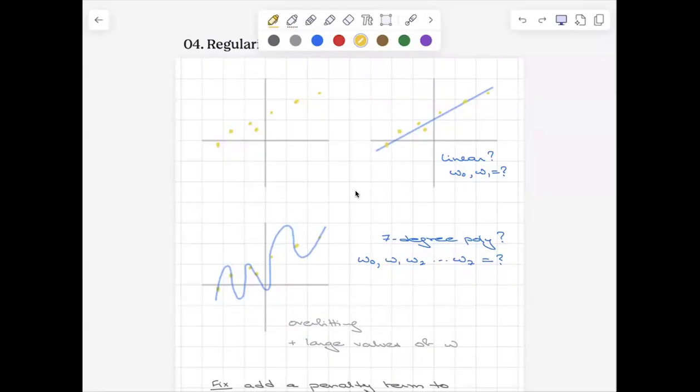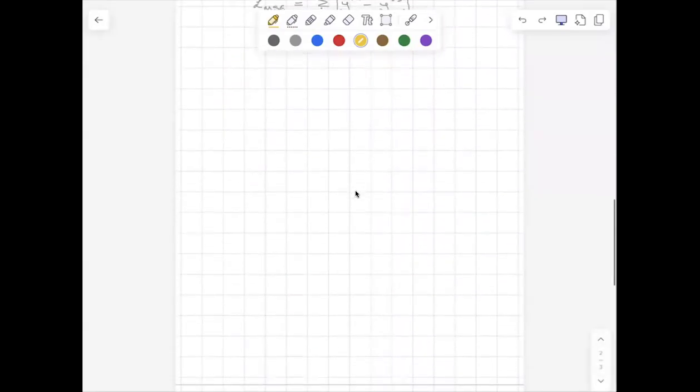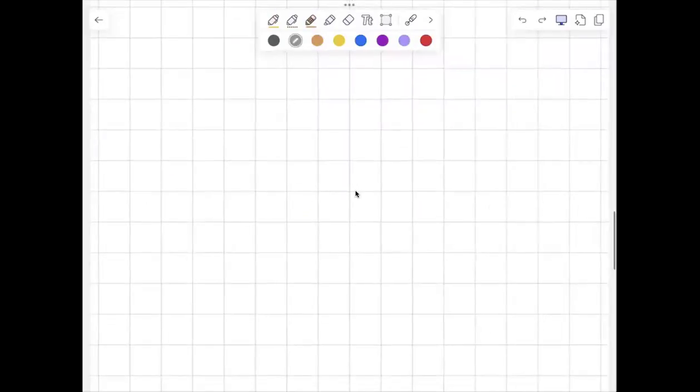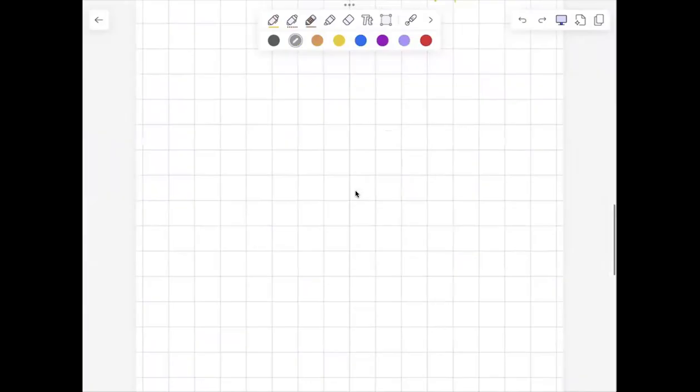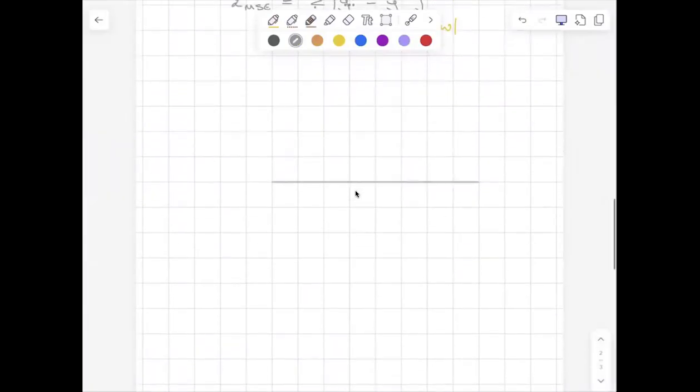You remember I talked about training error and testing error, right? So out here, suppose I plot a graph that looks like this. I have some data and I'm calculating the MSE.